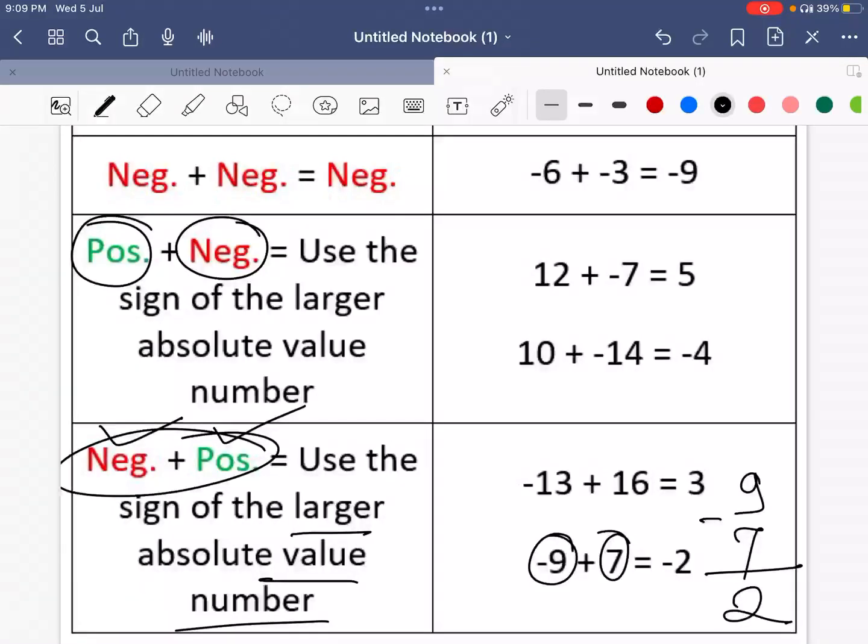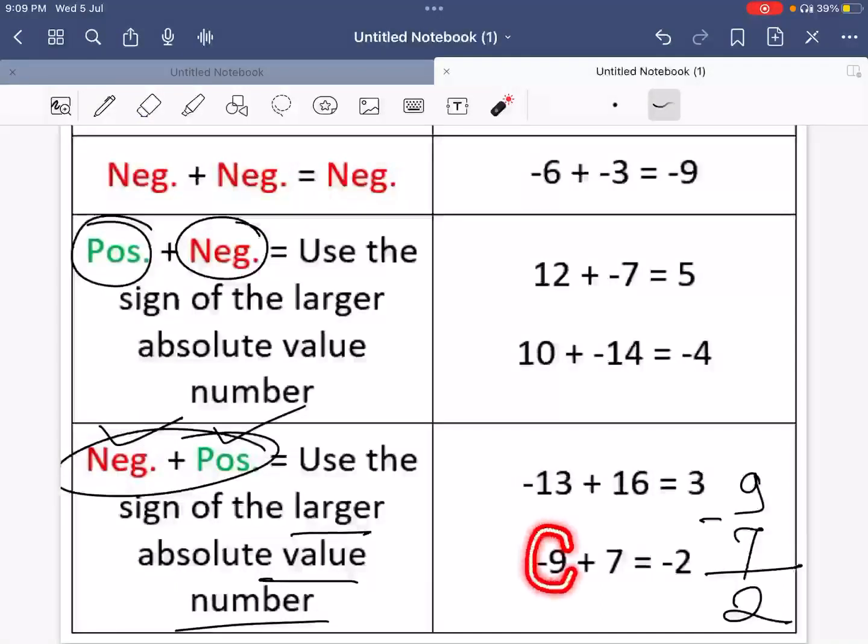Now look at which number is the bigger one. 9 is a bigger term as compared to 7, so use the sign of 9. So write down here, your answer is minus 2.